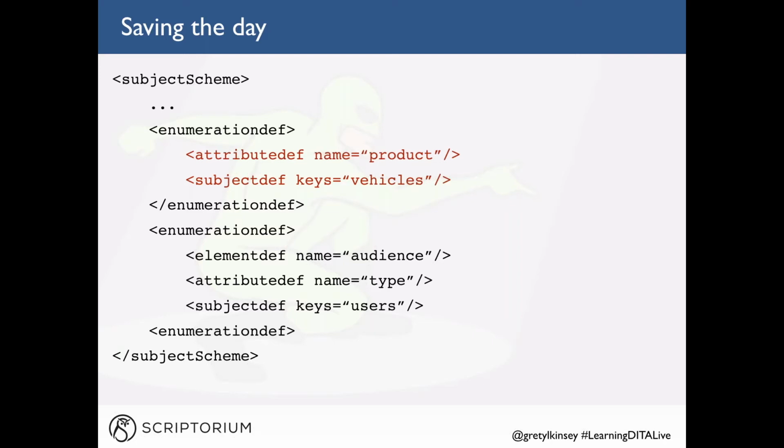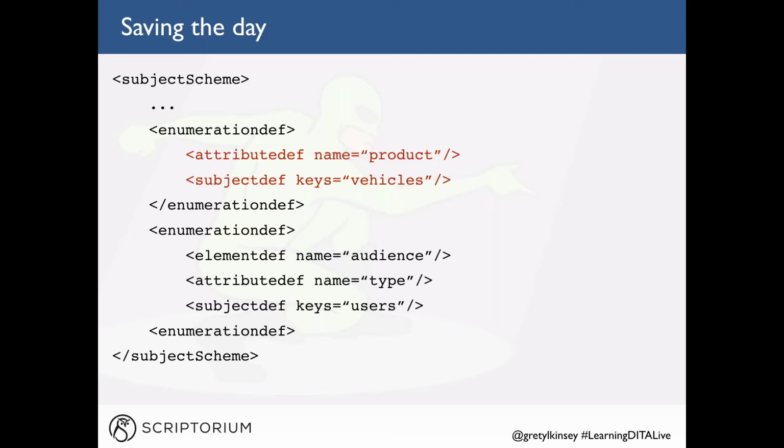So what that means in this enumeration def is that we want to bind that vehicles category of values to the product attribute. Now, product is one of the default metadata attributes in DITA that's used for filtering and flagging. So if you want to be able to filter content based on whether your user has a car or a motorcycle or a boat or a plane, then binding those values for vehicles to the product attribute is a way to help make that possible.